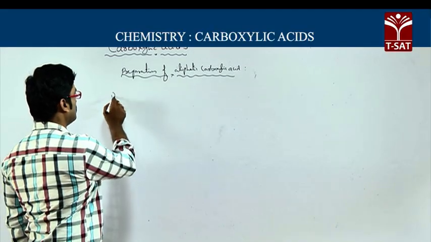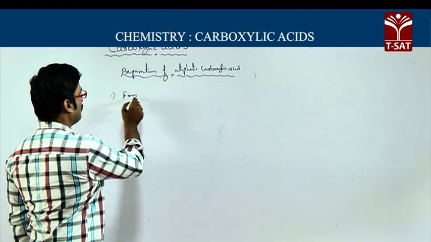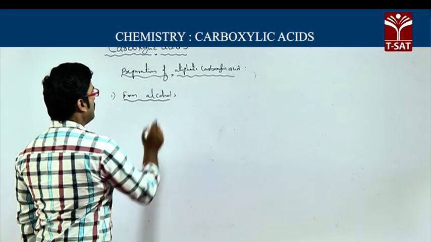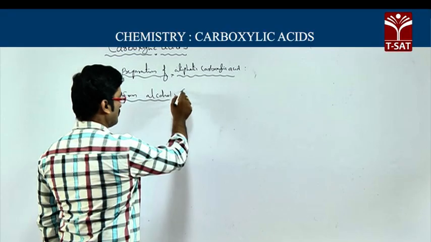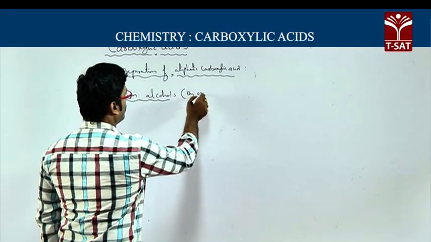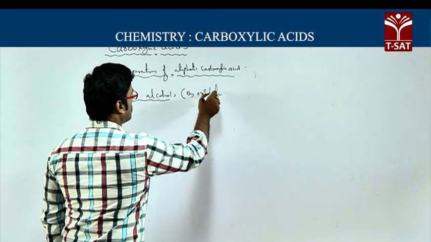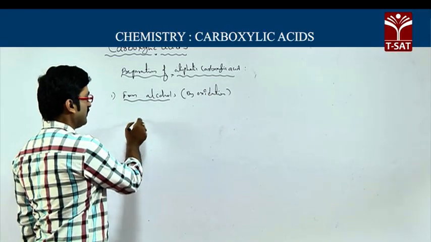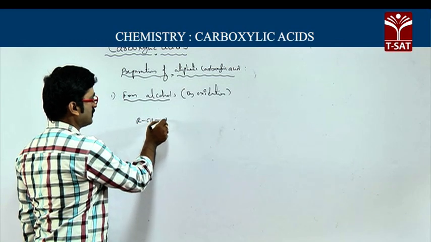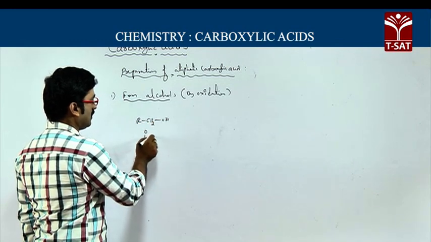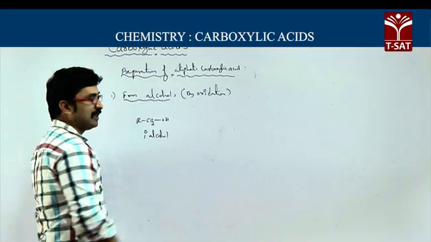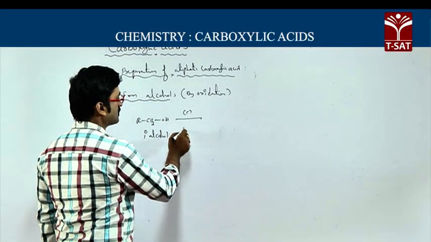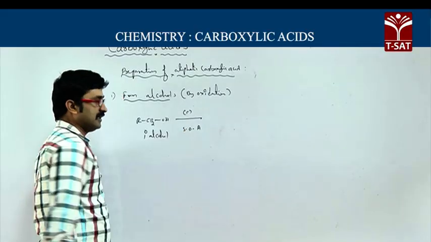The first one is from alcohols, by oxidation. Okay, primary alcohols are CH2OH. This is called a primary alcohol. Primary alcohols on oxidation in the presence of strong oxidizing agents.